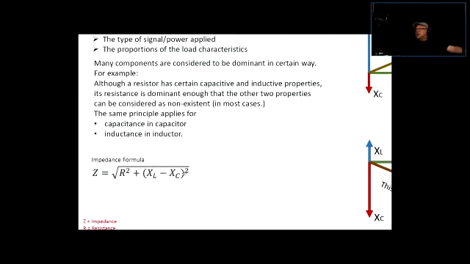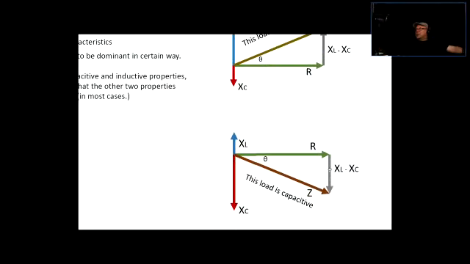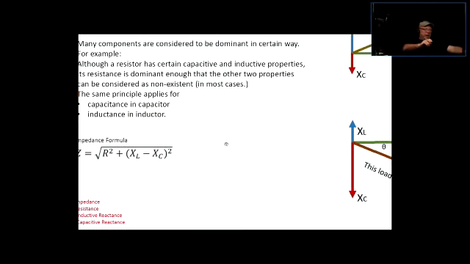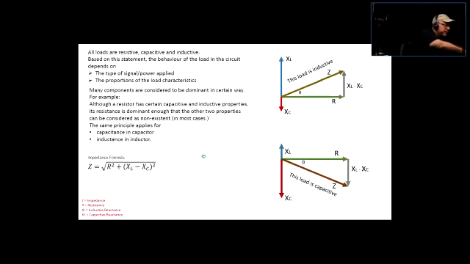Now that's the Pythagorean theorem. If you look at this triangle here, then you can also apply the sine or cosine of theta, depending on which way you're looking at it. And that's the last slide as far as the impedance is concerned.